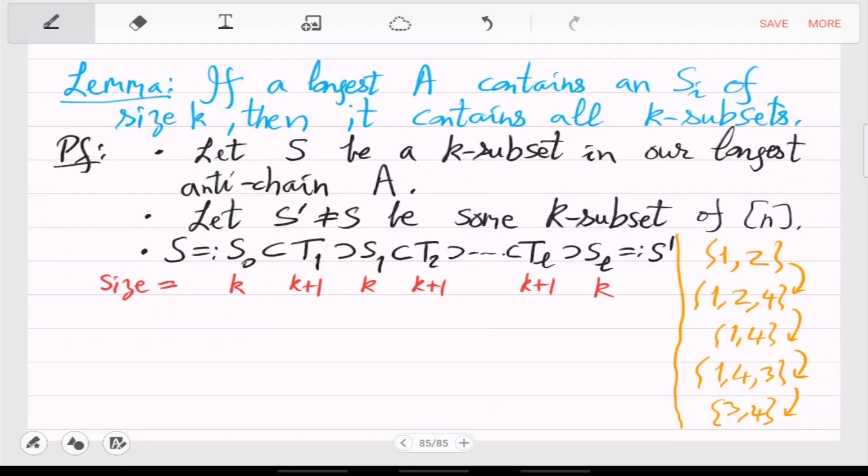It cannot be, right, because S and T1 are related. S is smaller than T1, so since we know S is in the anti-chain, T1 cannot be. It's not in the anti-chain. Now, since you know that T1 is not in the anti-chain, what can you say about S1?